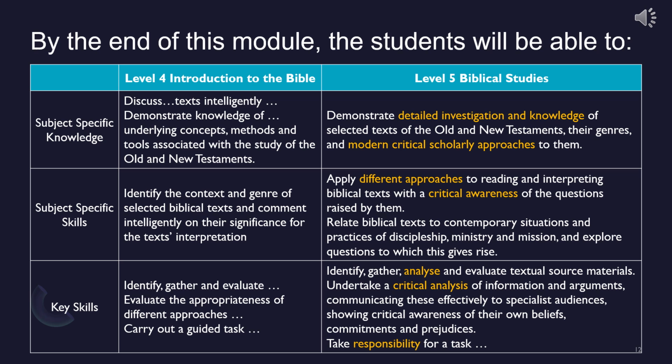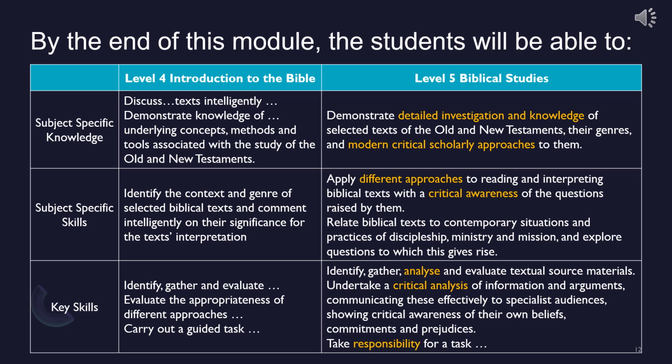But you'll notice for the subject specific sections of the learning outcomes, they would be expecting you to show that you have detailed investigation and knowledge of some texts. Again, as I said, not the whole Bible, but to be able to show that you have some knowledge, and then ideally you will then have the awareness of different approaches and be able to transfer those skills to other passages.